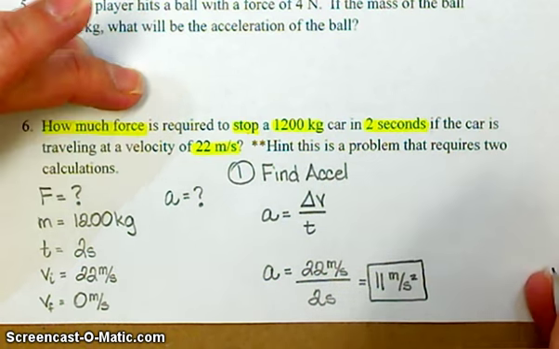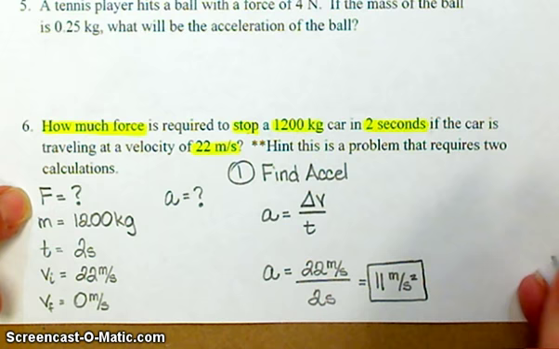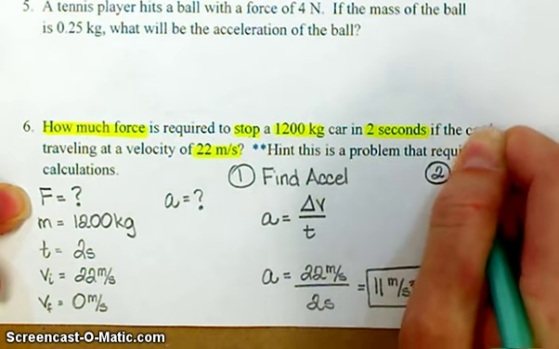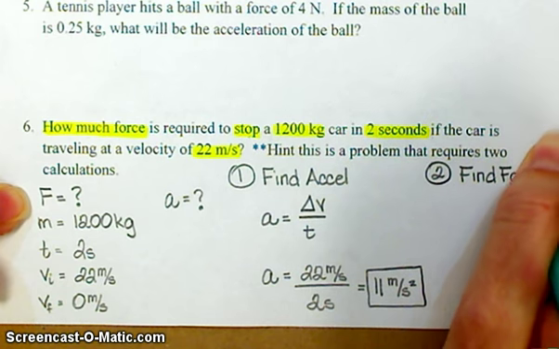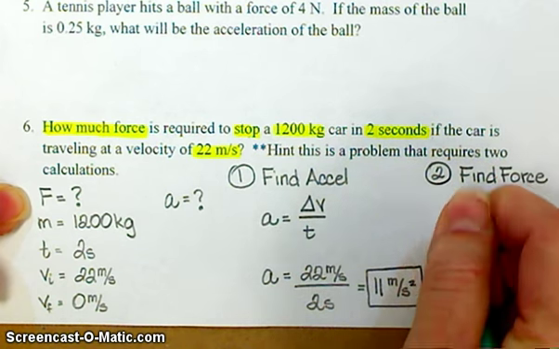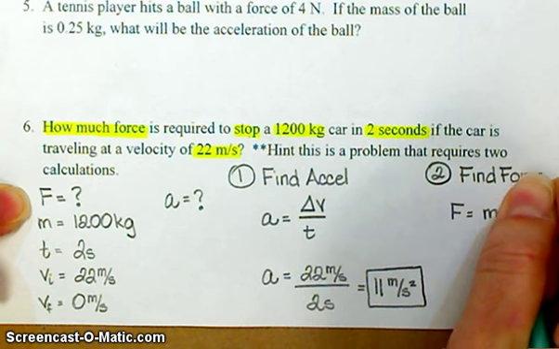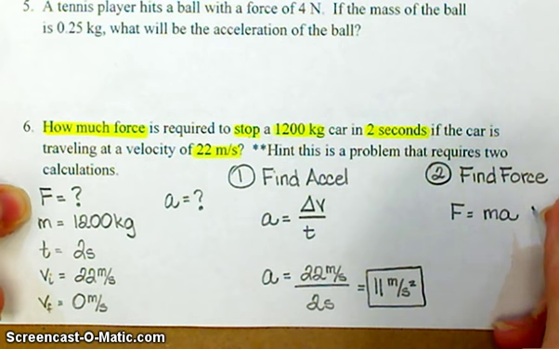Is that our final answer? No. Nope, because we were asked to find force. But then we go find force. And we're going to say force equals mass times acceleration. It doesn't tell you that it's net force, but assume it's net force unless they tell you differently.